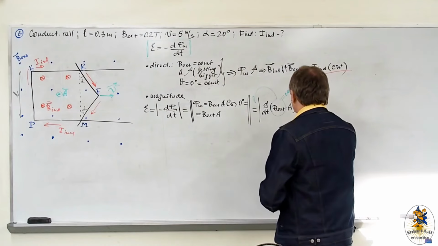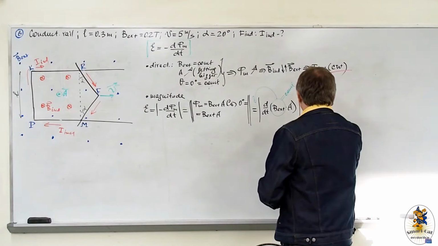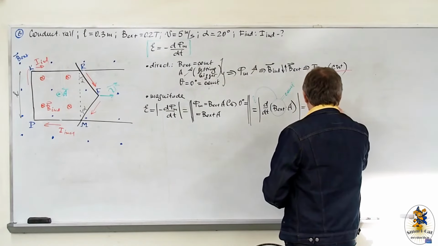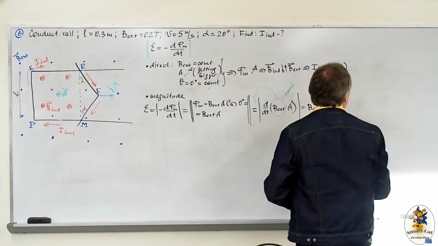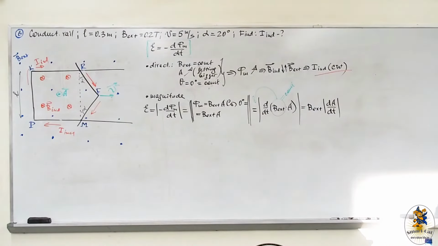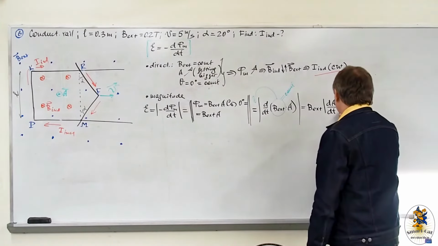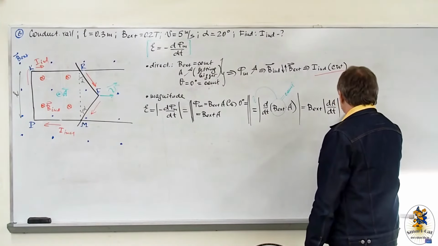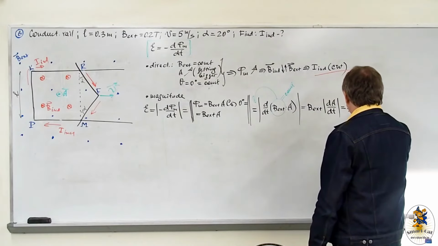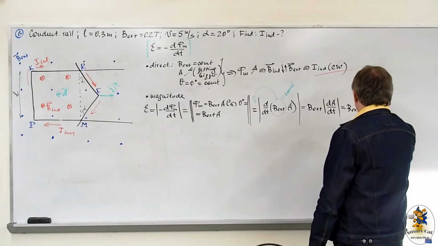So I can write it as B external and the rate of change of the area. Now let me write explicitly which area: B external and then d over dt.